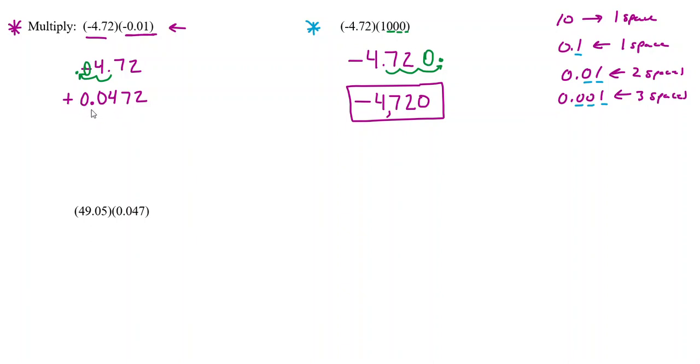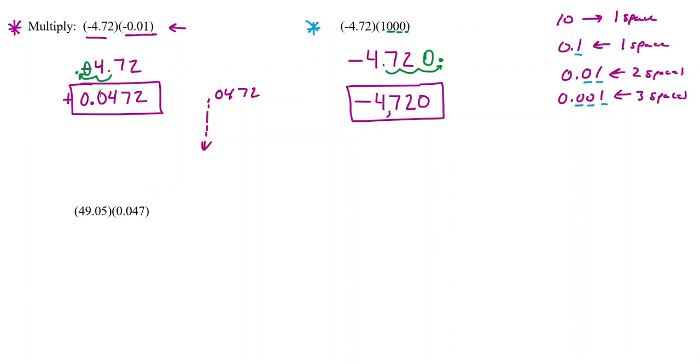Plus I have that placeholder 0 in front of the decimal point just so that it's not confusing. If I had just written .0472, there's a possibility that decimal point could drop off somehow or be ignored or missed. So when you have a number that starts with a decimal point, we like to put a 0 out front to hold it in place and make sure everything's okay.